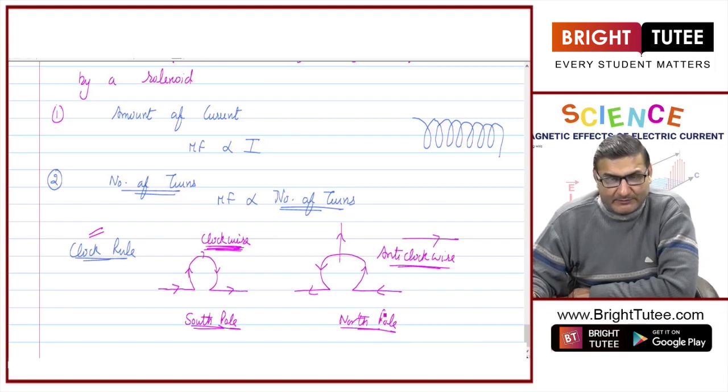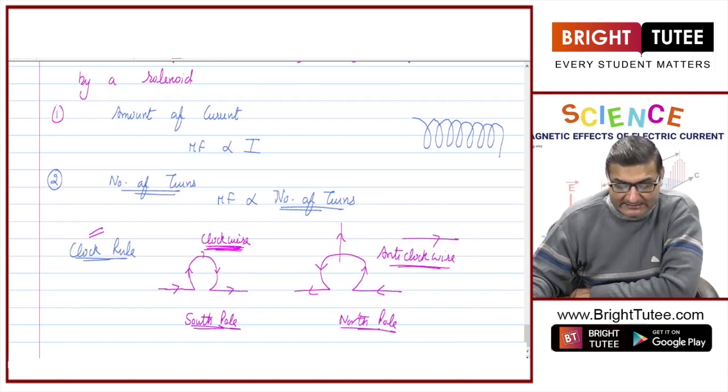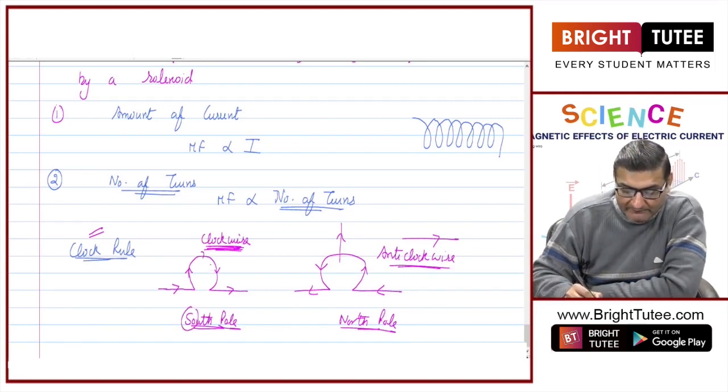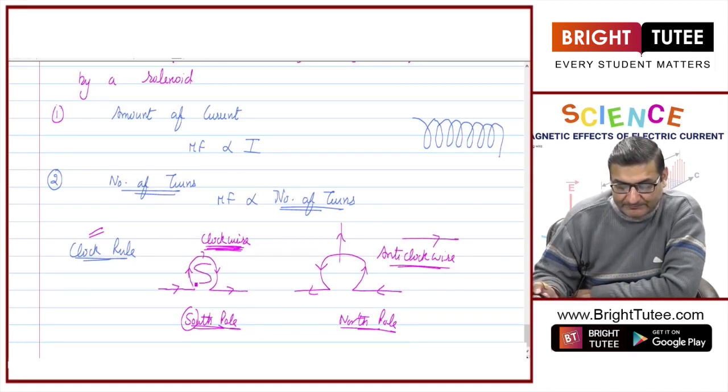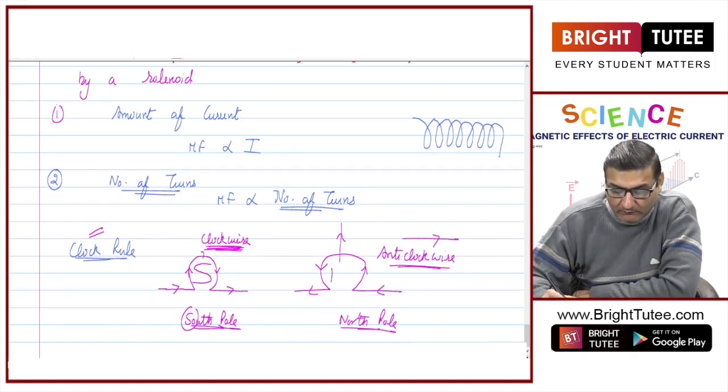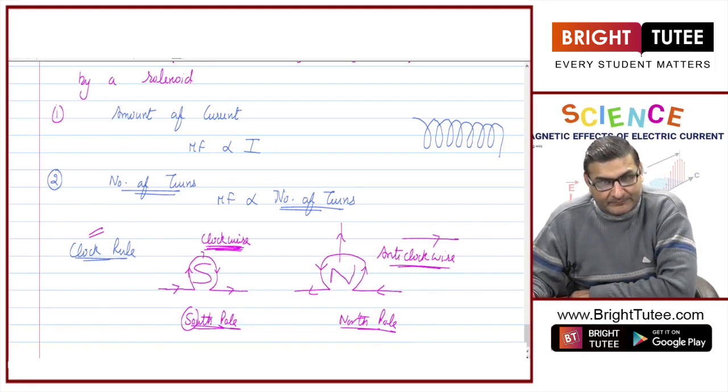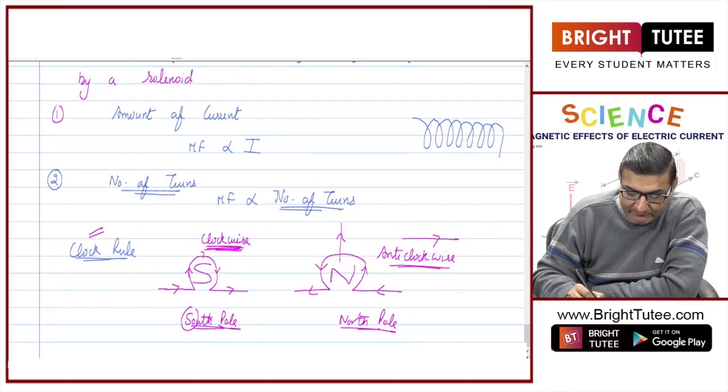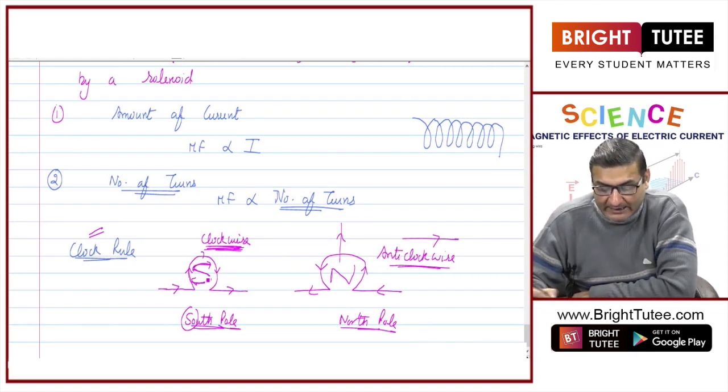Now there is a simple trick to remember this thing. Just for south pole we will make this S, and for north pole we will make this N. Now the way we make the N, all of us almost make the N like this only.